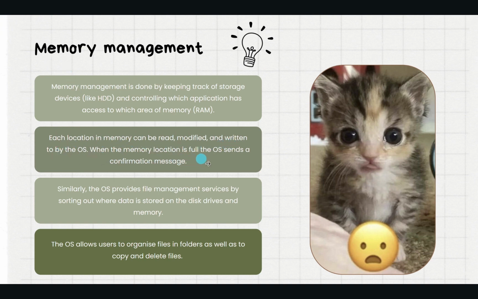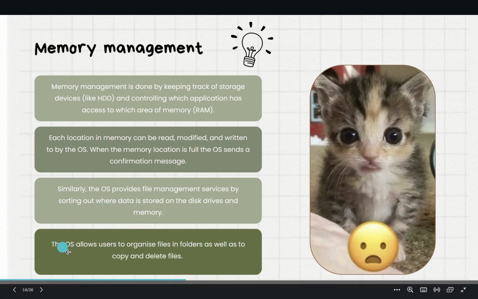When the memory location is full, the OS sends a confirmation message. Similarly, the OS provides file management services by sorting out where data is stored on disk drives and memory. The OS allows users to organize files in folders, as well as to copy and delete files.